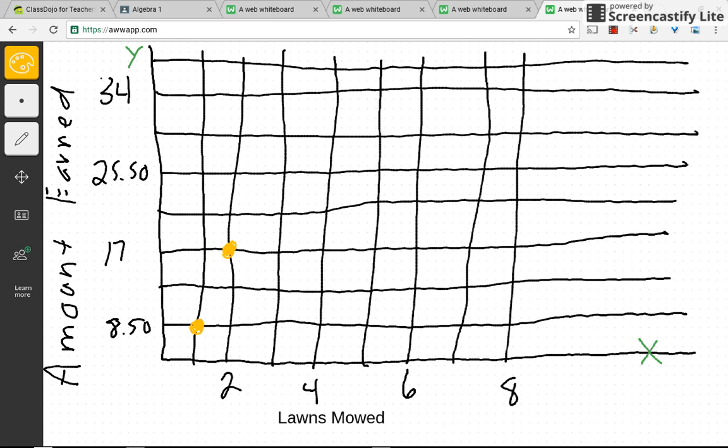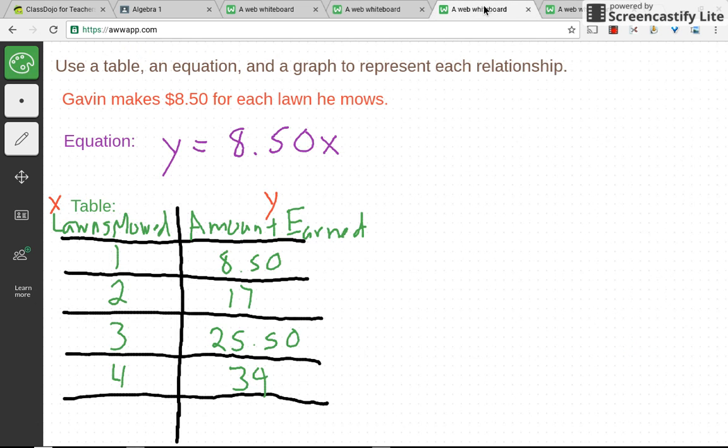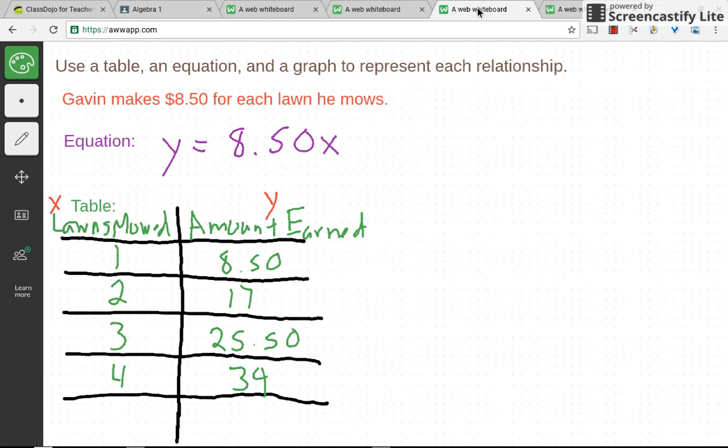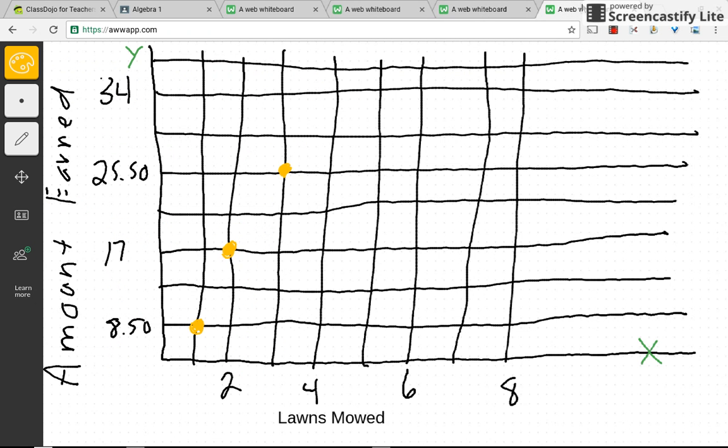There's my second point. When X is 3, Y is 25.50. So over 3, up 25.50. And when X is 4, Y is 34. So over 4 and up to 34. There we go. So there is my graph of those values, my graph of that equation and its solutions.